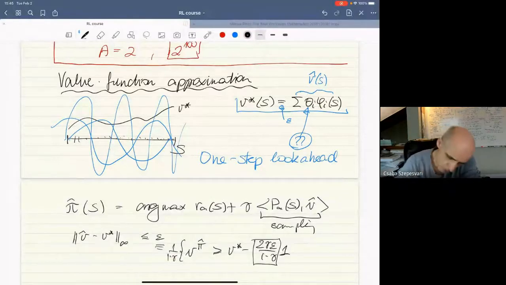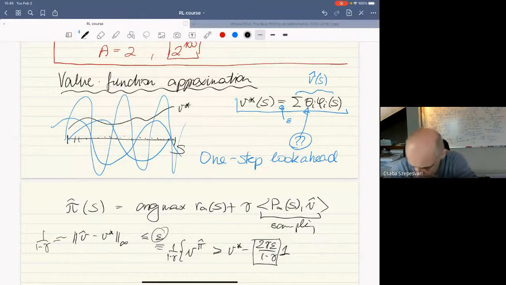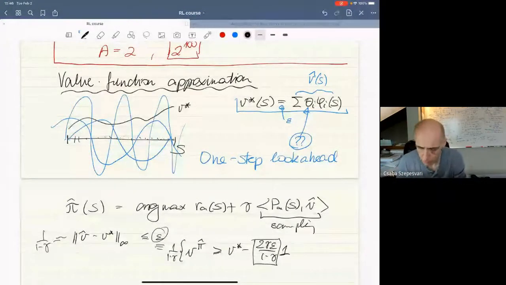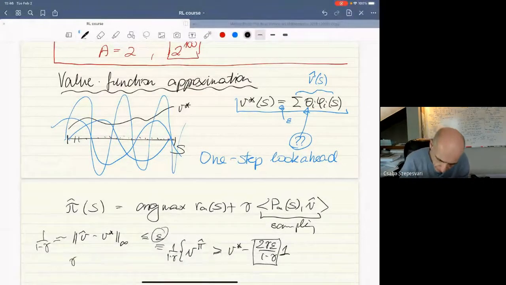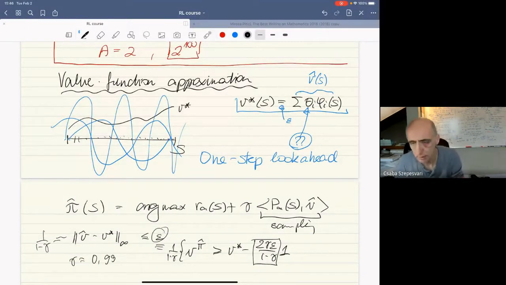Here the scale of this guy is 1 over 1 minus gamma, and on this scale, you commit an epsilon error, then it explodes. You have to be somewhat careful, but if your gamma is the usual 0.99, then your 1 over 1 minus gamma is a factor of 100. Well, we just need to be a factor of 100 more accurate than originally planned. That should be easy.